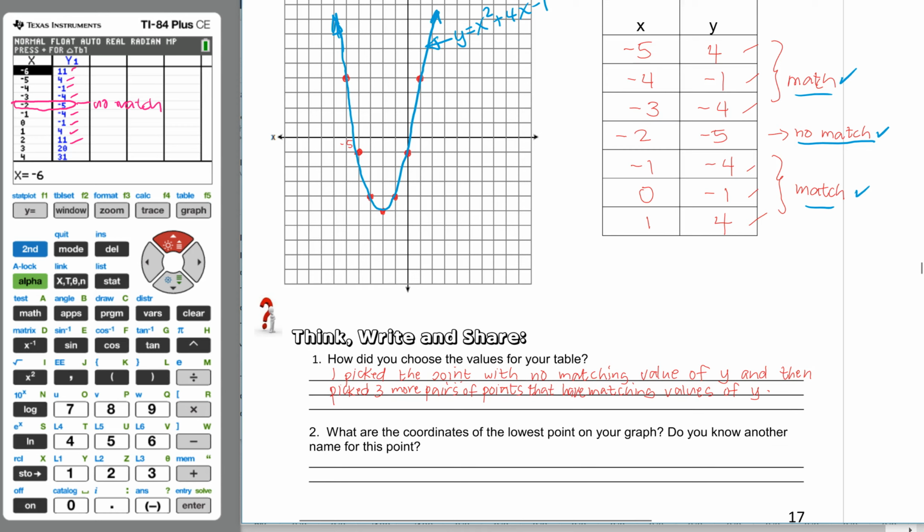Now, what are the coordinates of the lowest point on your graph? When you look at the graph, I would say that this one is the lowest point, and this is the one that has no match, which is at -2, -5.